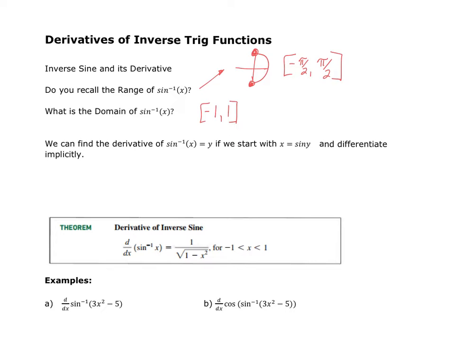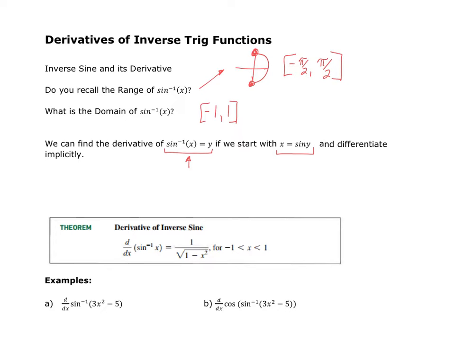We can find the derivative if we start with the expression that represents the inverse function in the other order. So rather than saying what angle has a sine of x, well, that angle is equal to y, we say sine of y is equal to x.